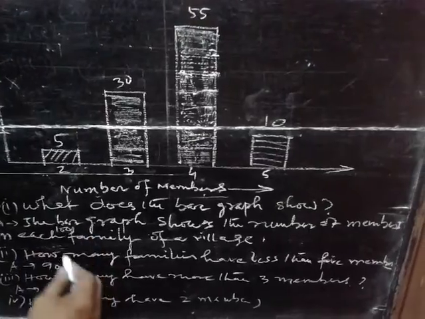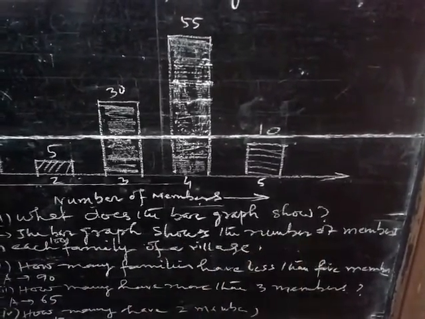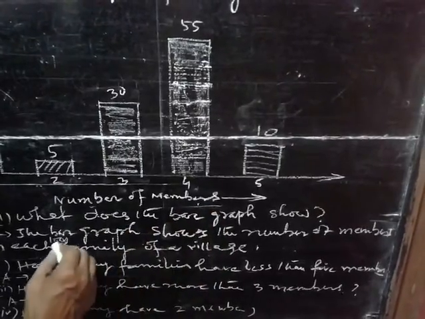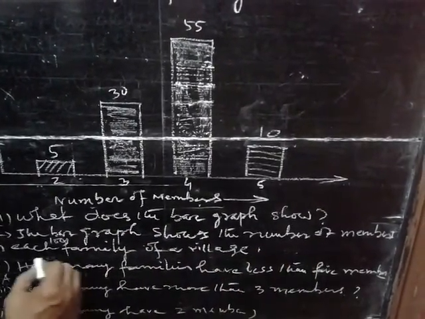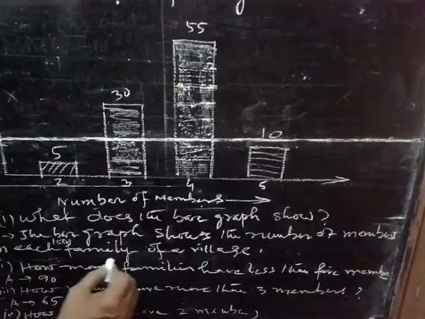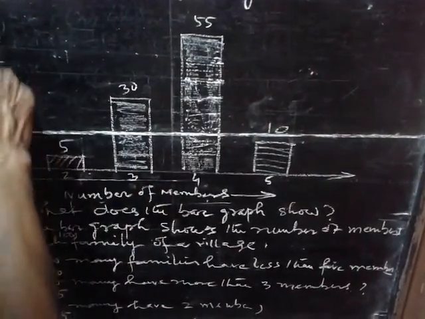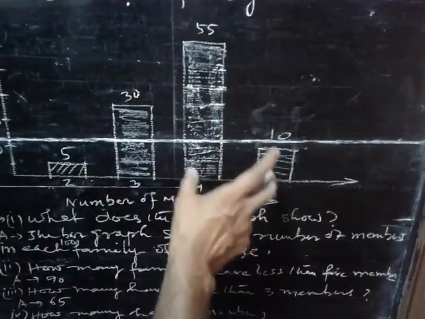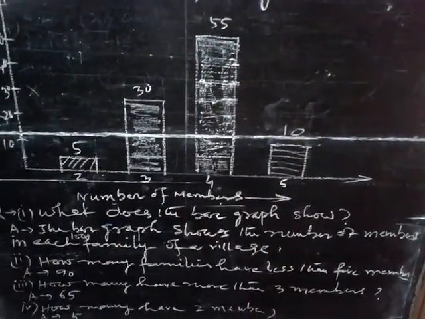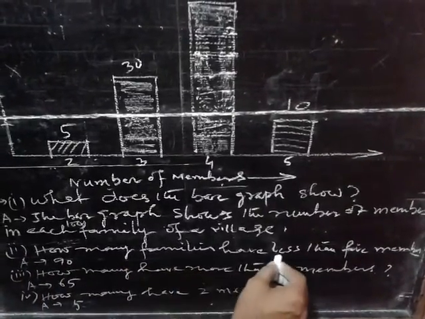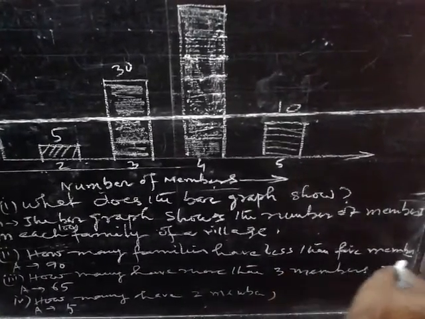Here the question is, what does the bar graph show? This bar graph shows the survey of the number of members in each of the 100 families of a village. Now the second question: how many families have less than 5 members?